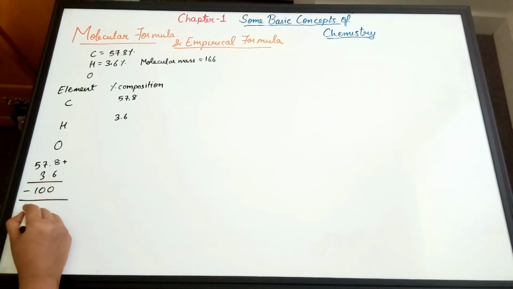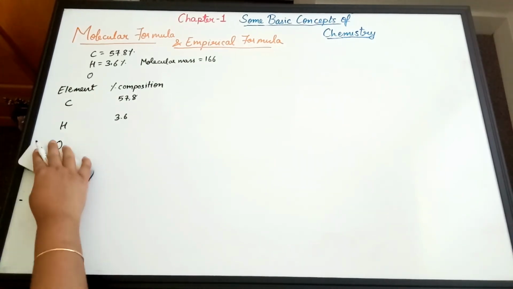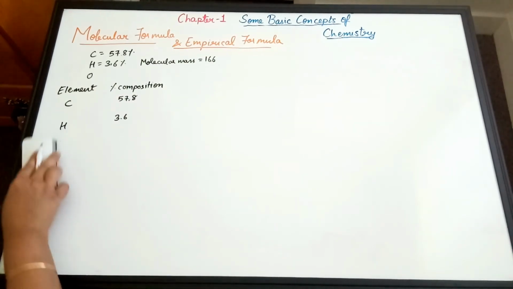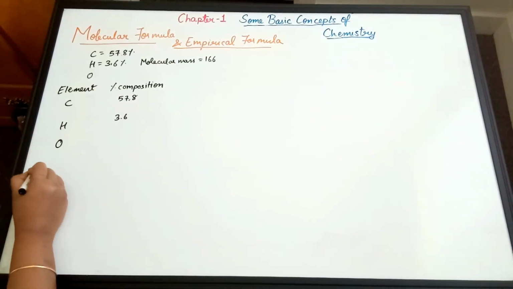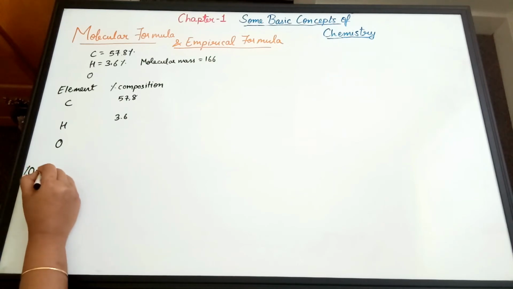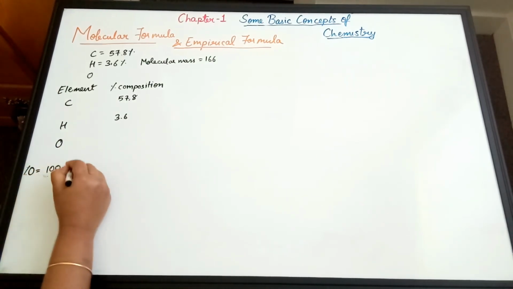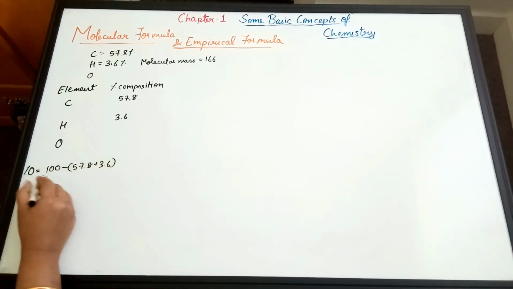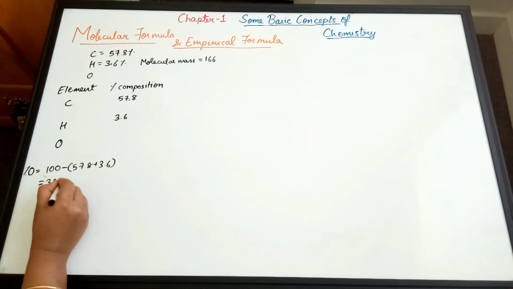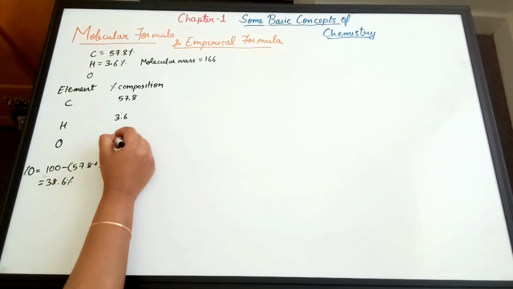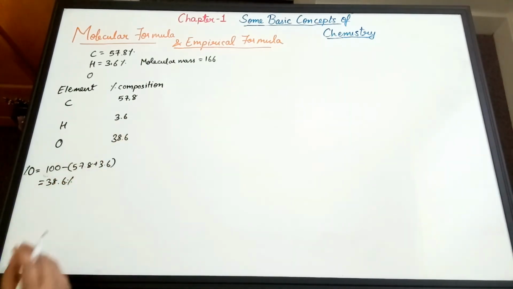When you simplify, you will get 38.6. To write it better, oxygen percentage would be equal to 100 minus (57.8 plus 3.6), that gives us 38.6%. So 38.6 is the value for percentage composition of oxygen.